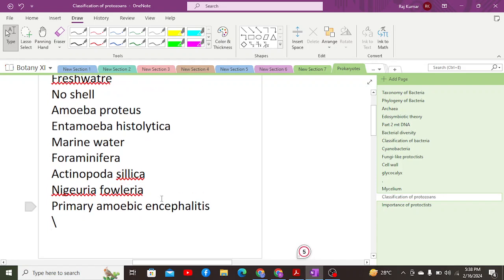And apart from that, there is also a very important amoeba, the giant amoeba.